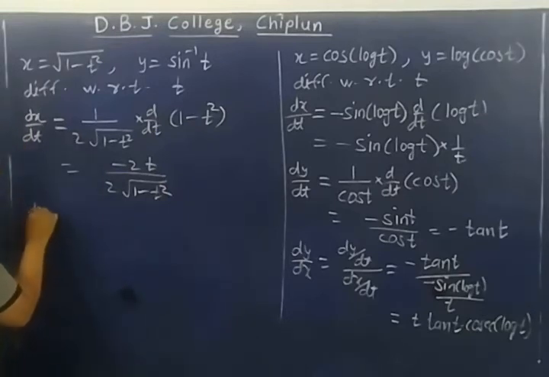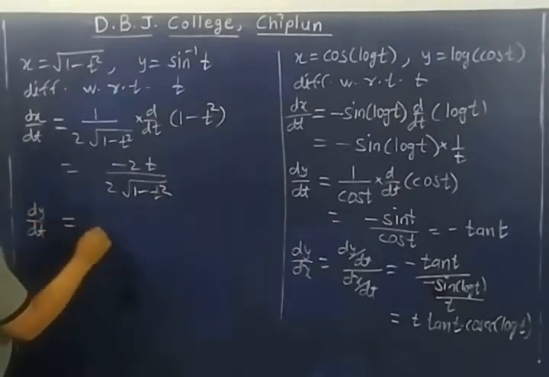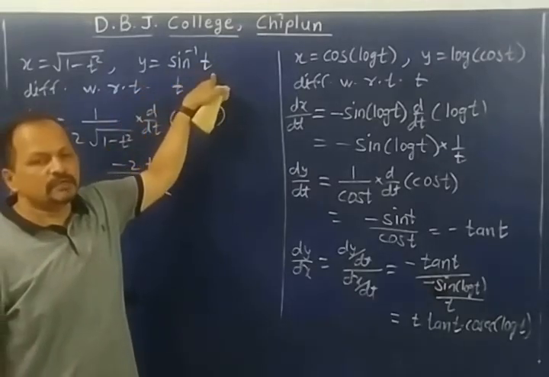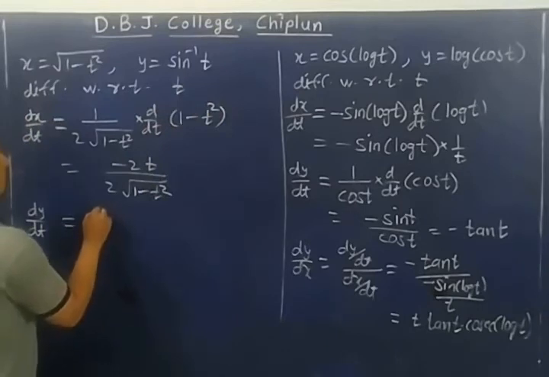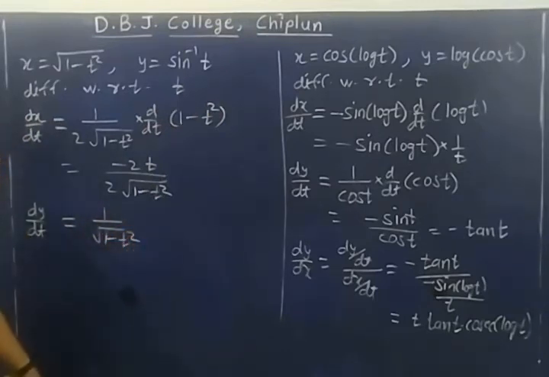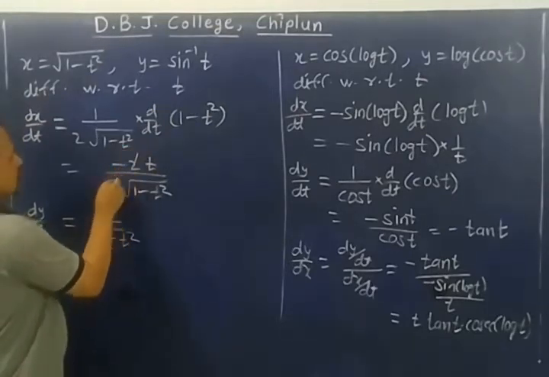dy by dt, y is equal to sine inverse t. Its derivative is 1 upon under root 1 minus t square. Here I can cancel 2.